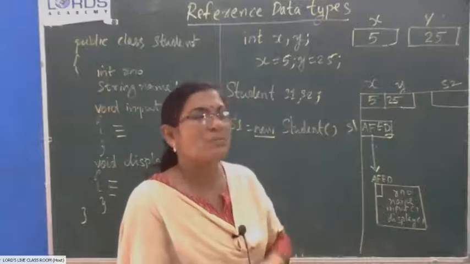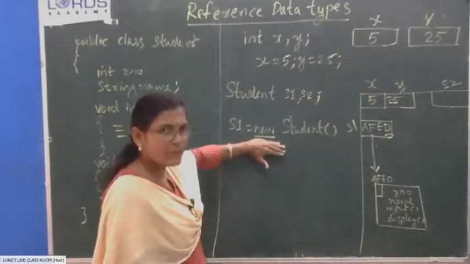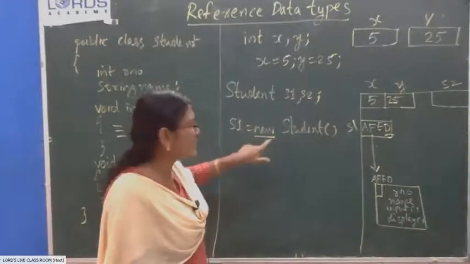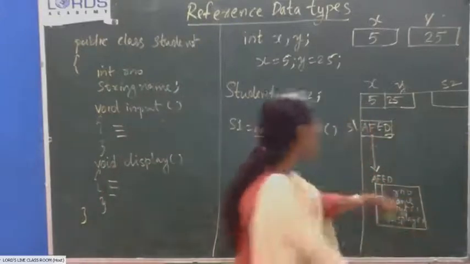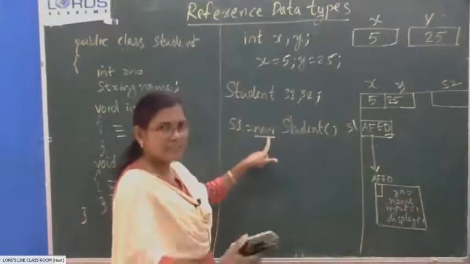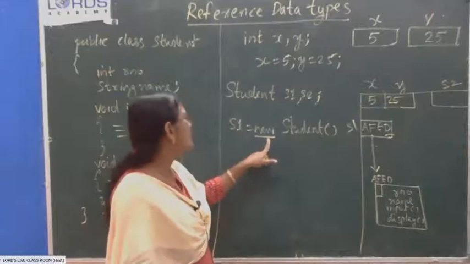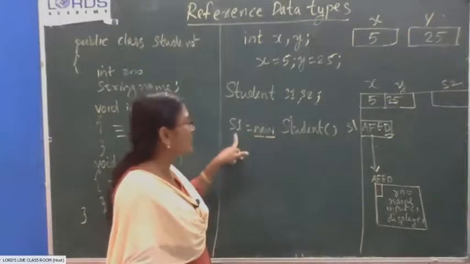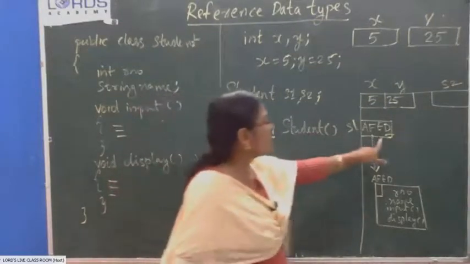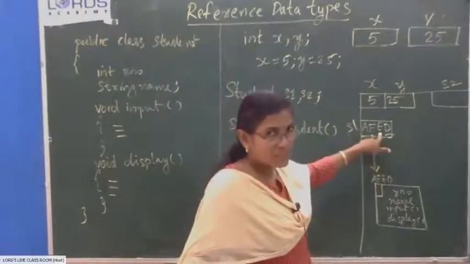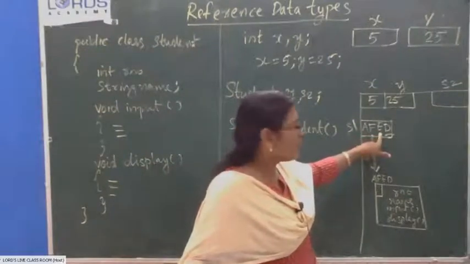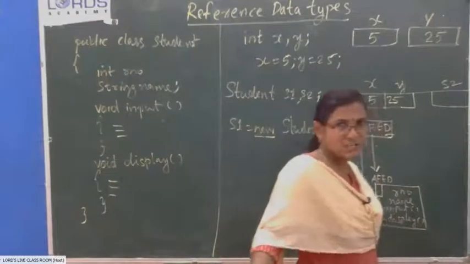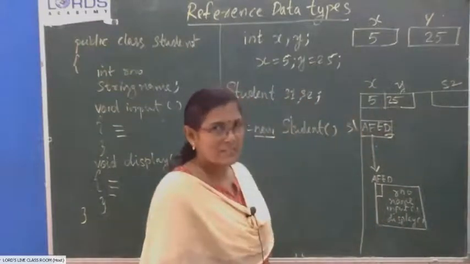The student class object is created with the keyword new, its starting address is given back by new, and that value is assigned to S1. So S1 contains a memory address, a reference of a memory location.